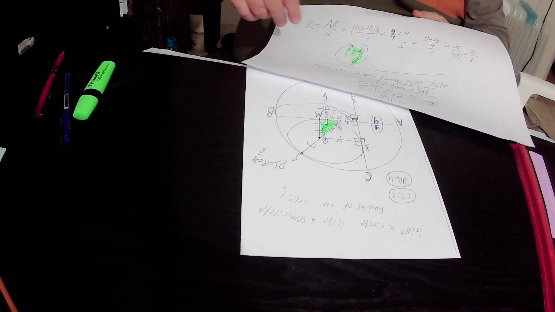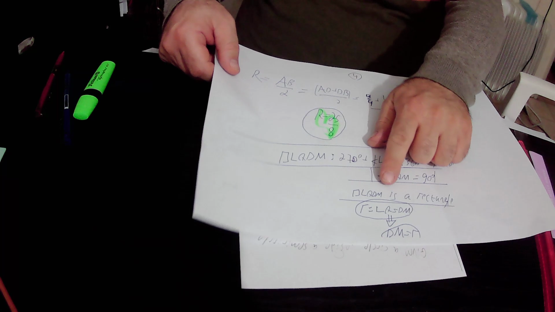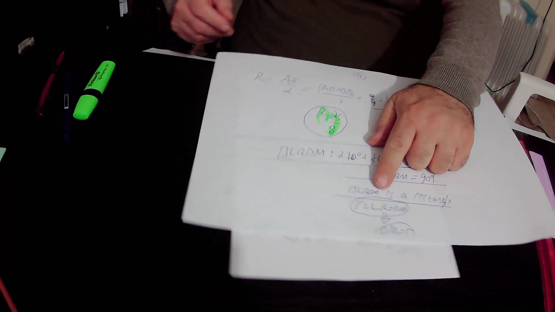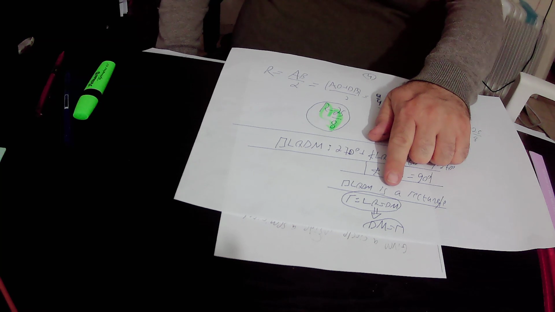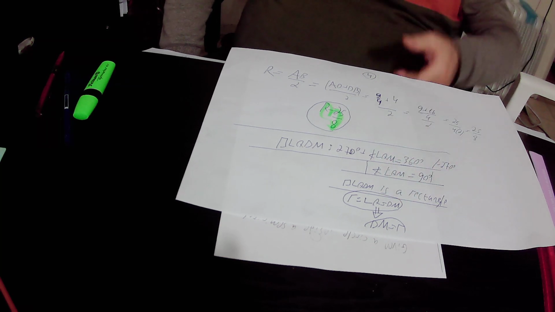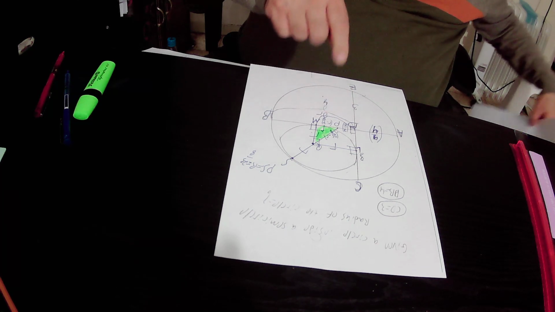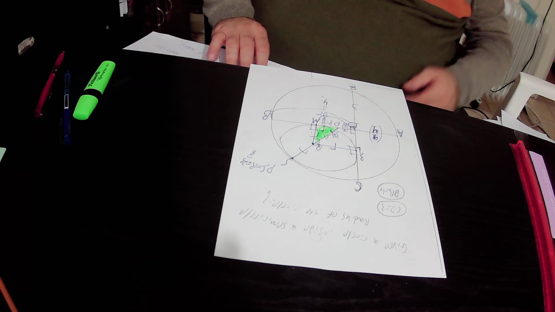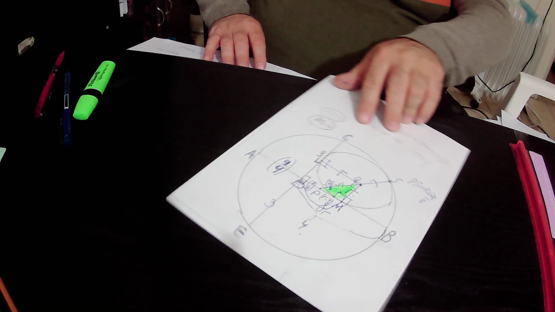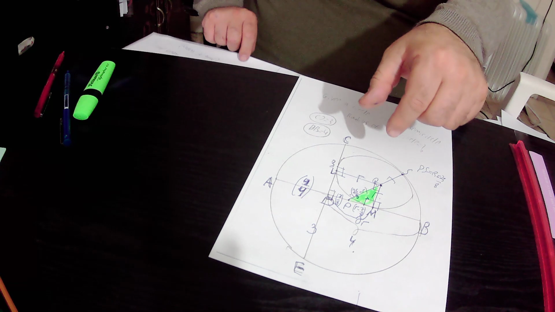But we have already found out that LQ equals r, the radius of the small circle. So from this equation, r equals LQ equals DM, we will derive that DM is also equal to r. Okay, and then we find out the length of the small line segment DP.